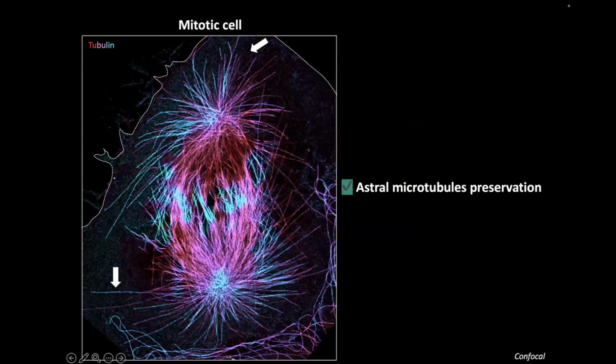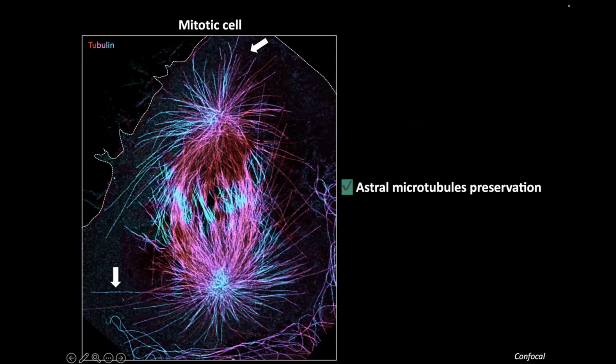Then something we really focused on for a couple of months was the expansion of mitotic cells, because it was known to be quite complicated, first to have a full mitotic spindle expansion because it's extremely rigid, and also because you have to chemically fix to preserve, for instance, here the astral microtubules.